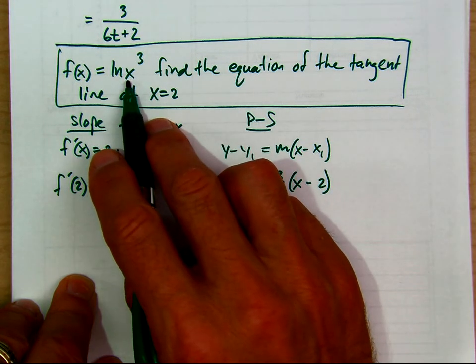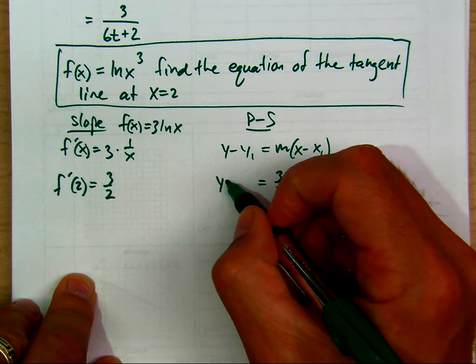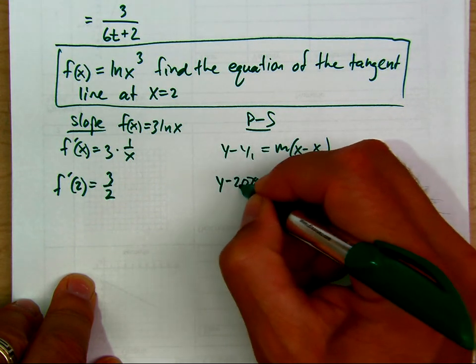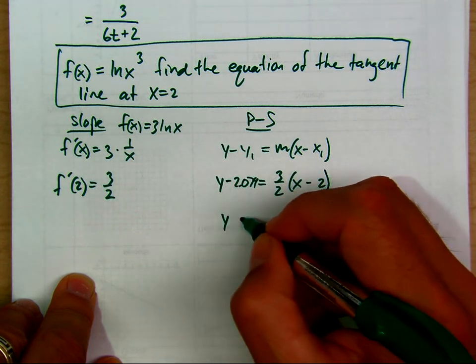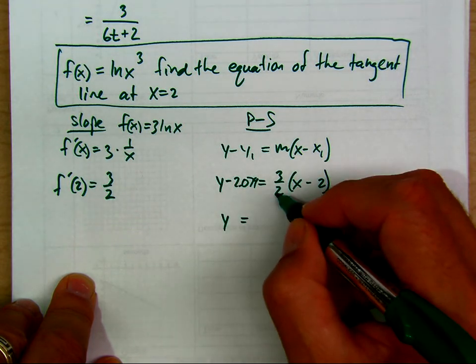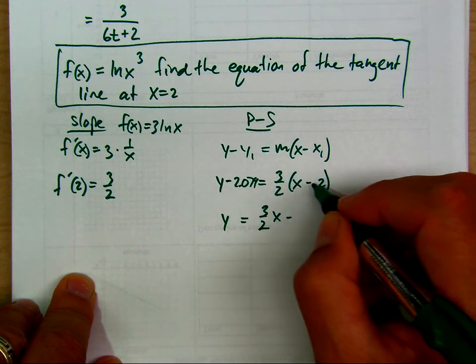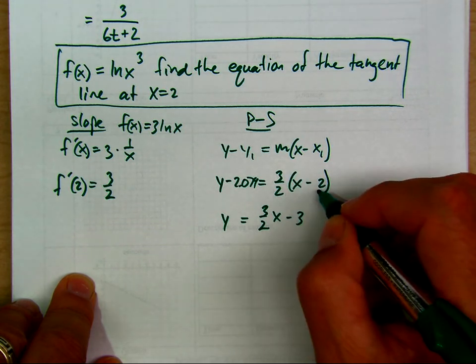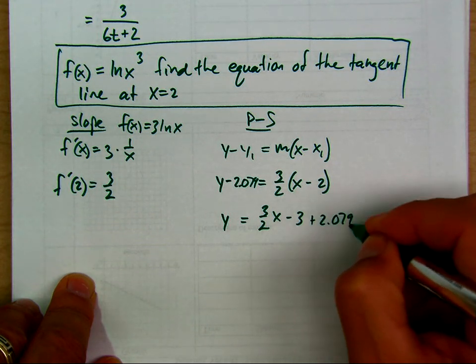So we'll have natural log of 8, and that is approximately 2.079. So we can have 3/2 x minus 3, because we're going to distribute the 3/2, and plus 2.079.